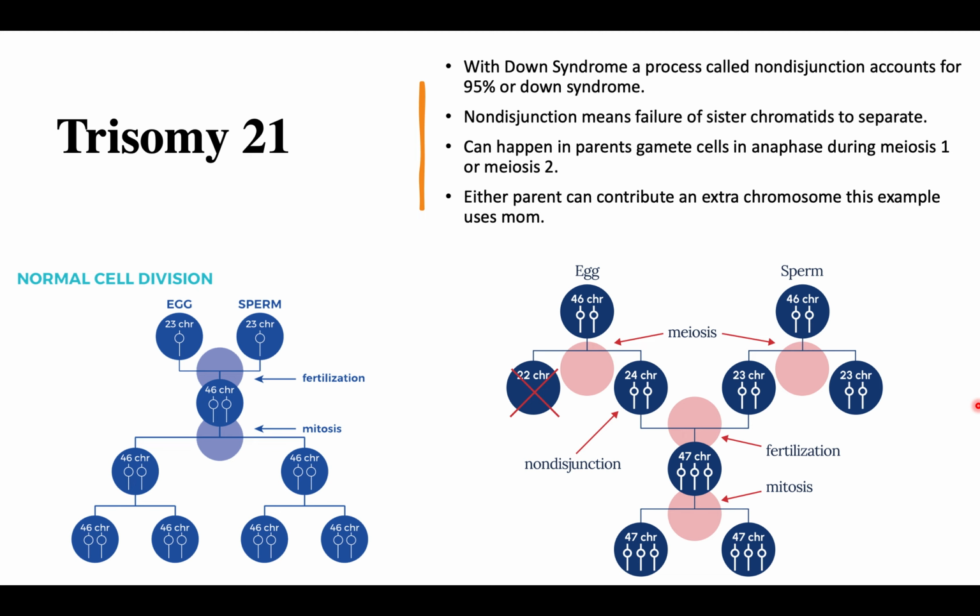Looking at this diagram, I will use mom as the example where non-disjunction occurred. For example, we will say that with mom, non-disjunction occurred in meiosis 1. Remember, non-disjunction can also occur in meiosis 2.